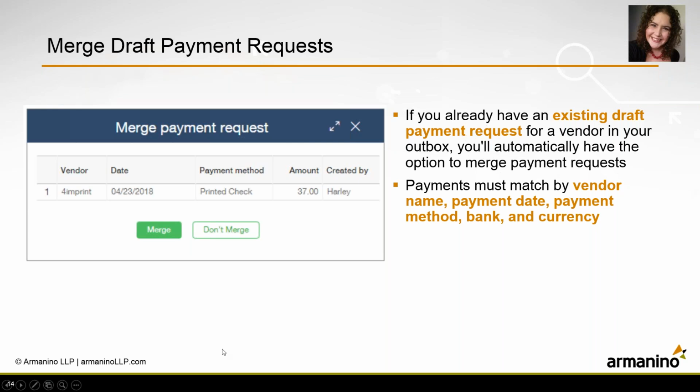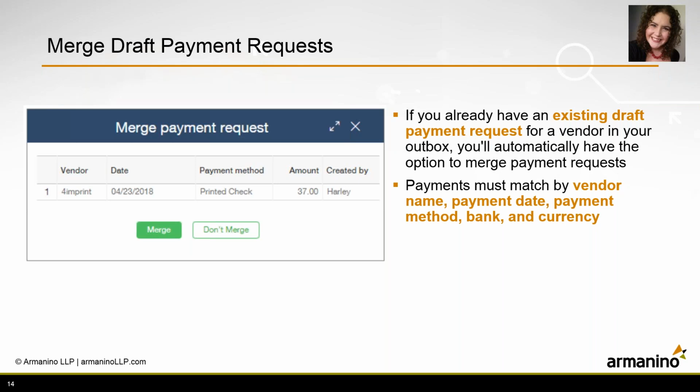And one of the functionalities in the Pay Bills workflow is if you are not ready to do your check run or finalize your payments at that time, you have the ability to add things to an outbox. So you can add things to your check run throughout the week and then make sure that you do your check run at the end of the week.